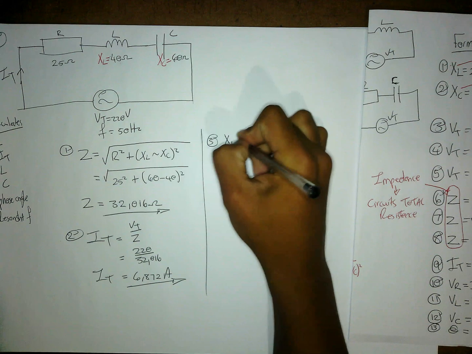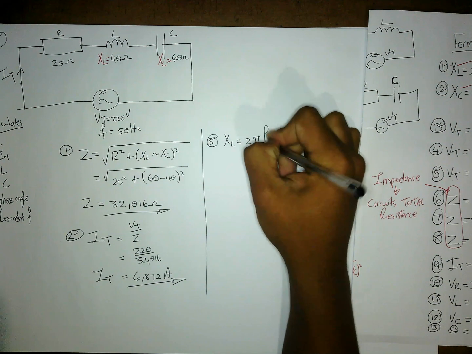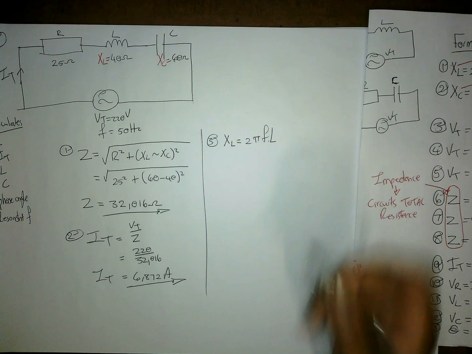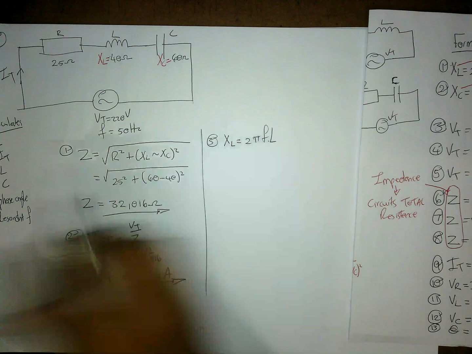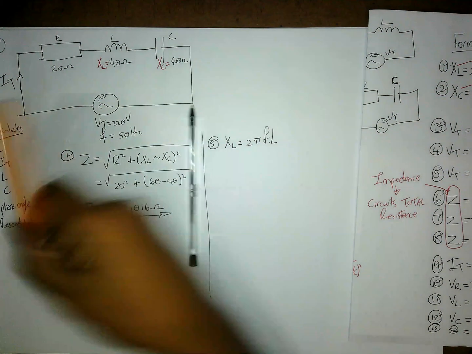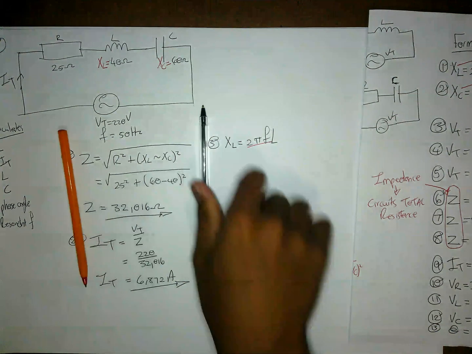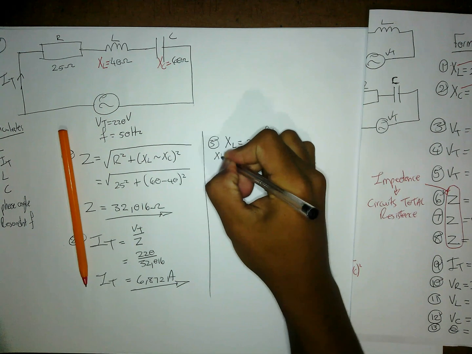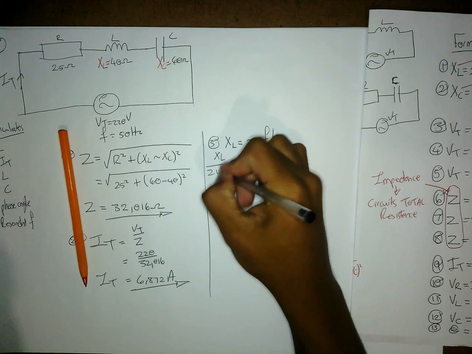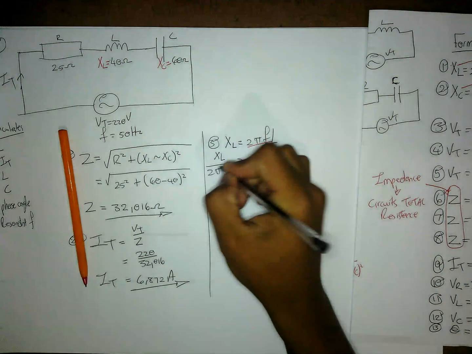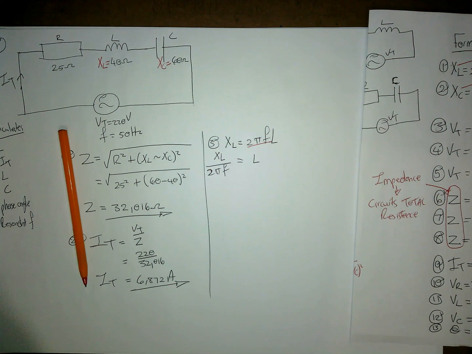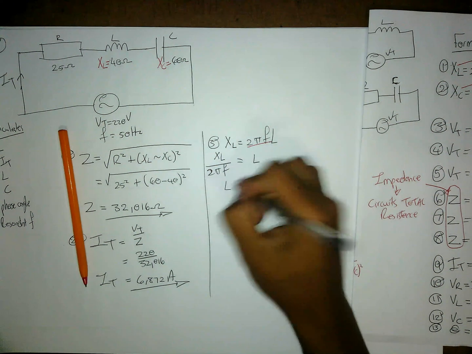So XL equals 2 pi F L. We get L alone, and to do that, we divide with this 2 pi F. We divide with that 2 pi F, and we're going to be left with L equals XL over 2 pi F. I know my 2 can look like a Z, but it's the 2. I write it nicely.